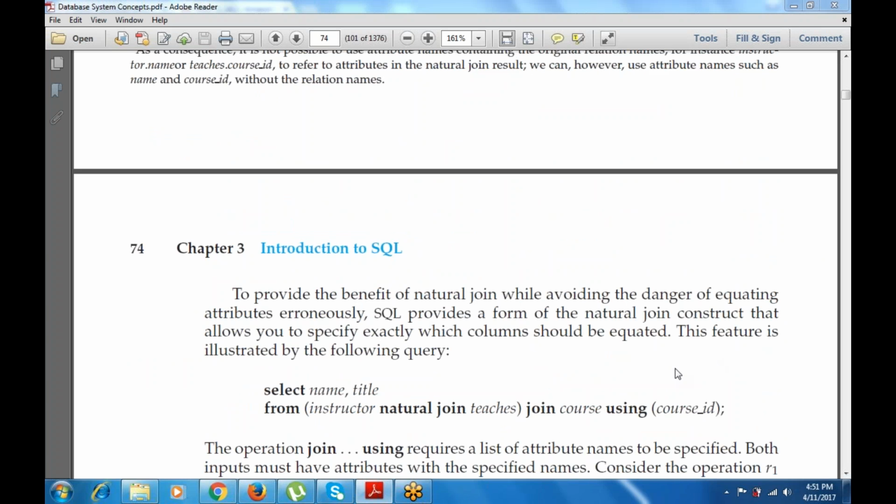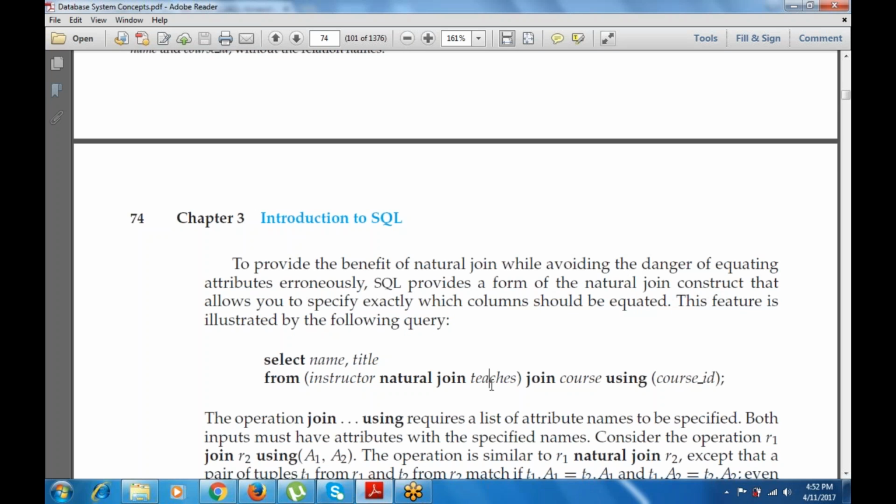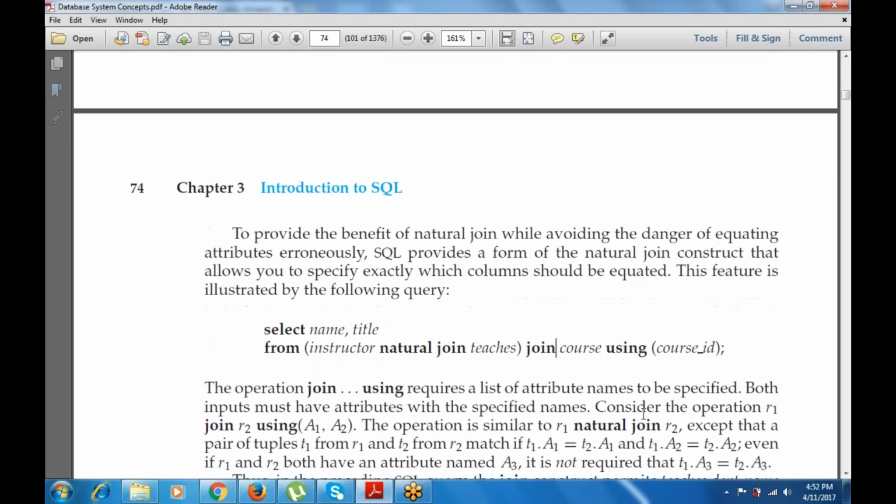The next query is select name, title from, with brackets, instructor and teaches are joined first, then joined with course using the course ID. So select name, title from instructor natural join teaches, join course using course ID.